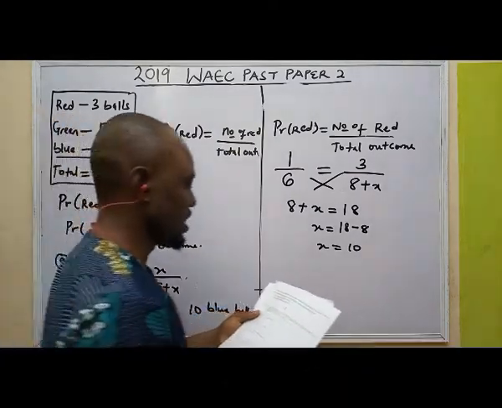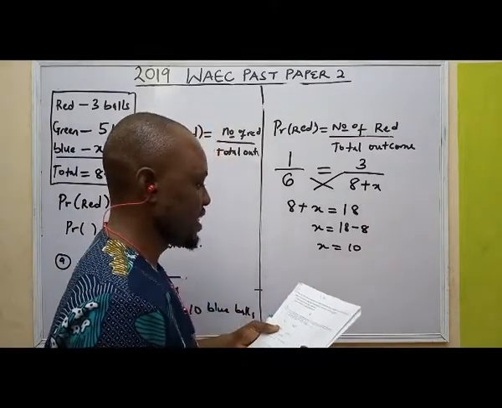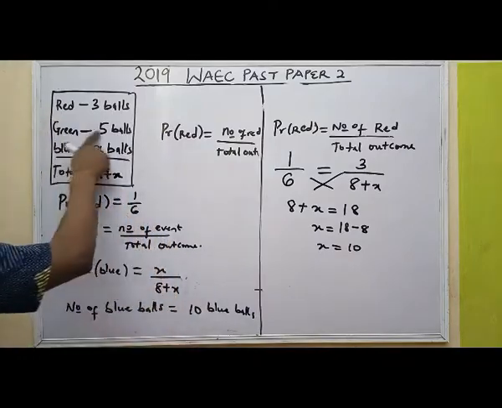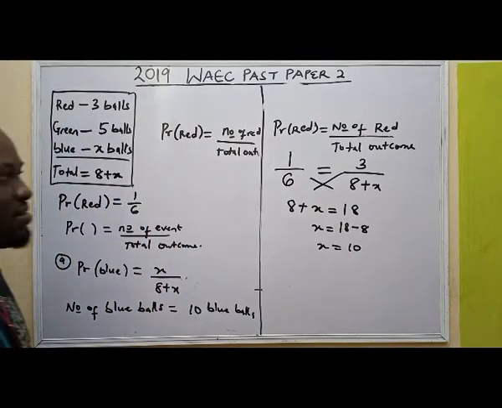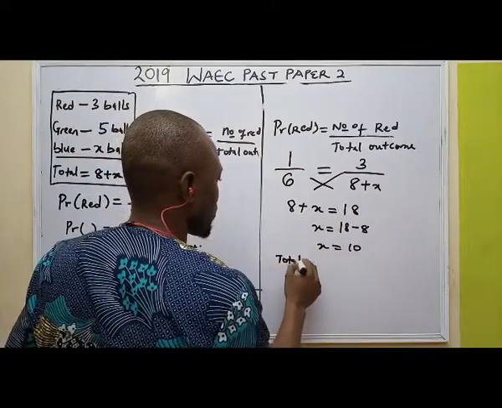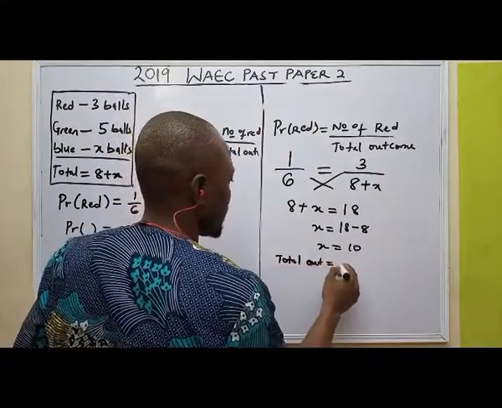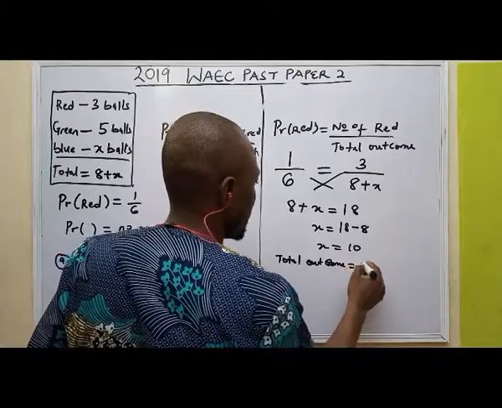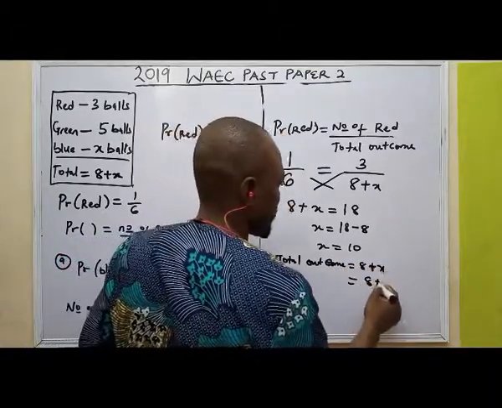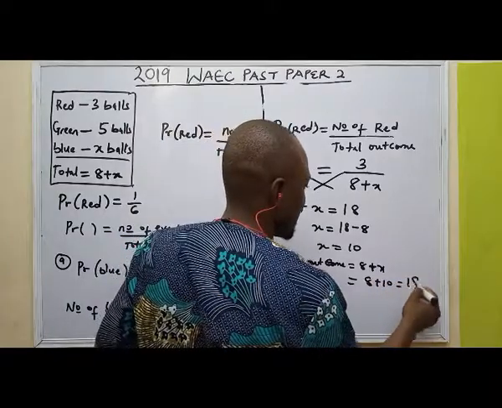The next question asks for the probability of picking a green ball. We already know there are 5 green balls, but we need to know the total outcome. The total outcome is 8 plus x, and we already know x, so 8 plus 10. The total outcome is 18.